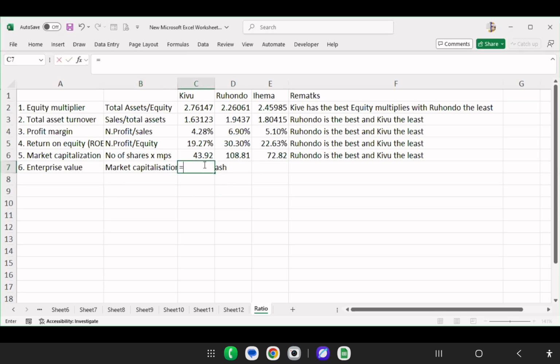Now, from what we have the market capitalization up, we add the amount of debt for this firm.